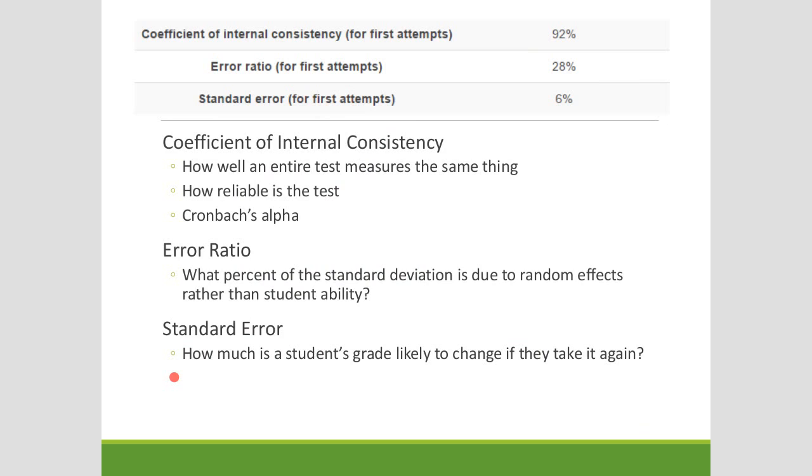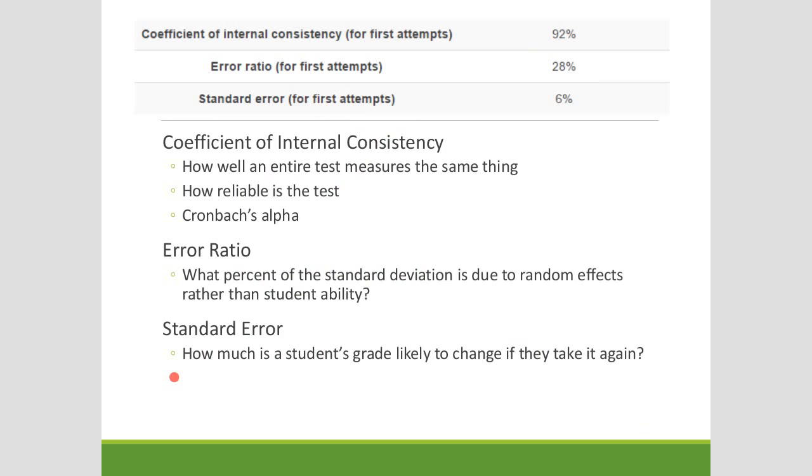For a lot of teacher tests, if you can get a coefficient of internal consistency somewhere in the 70s, that actually works out fairly well. If you start going lower than that, then you start having problems. The next two numbers kind of tell you what those problems look like.